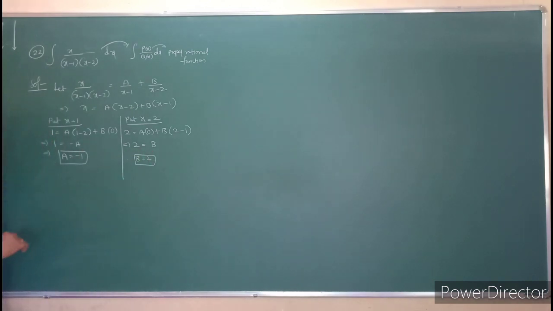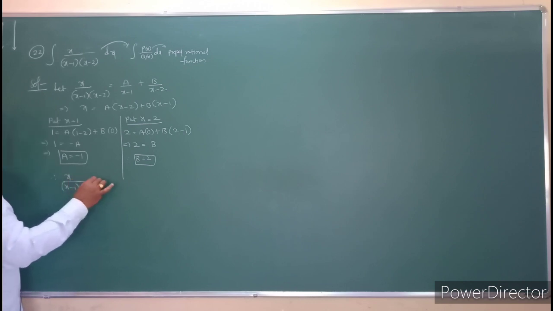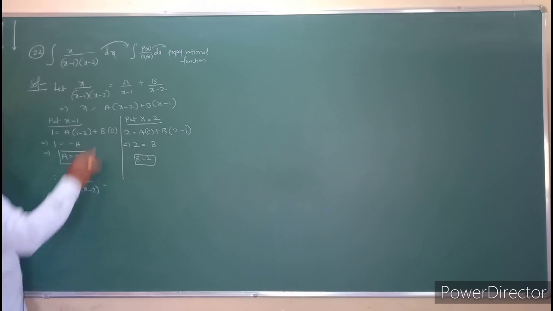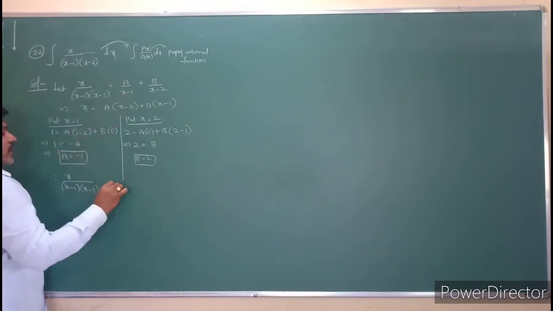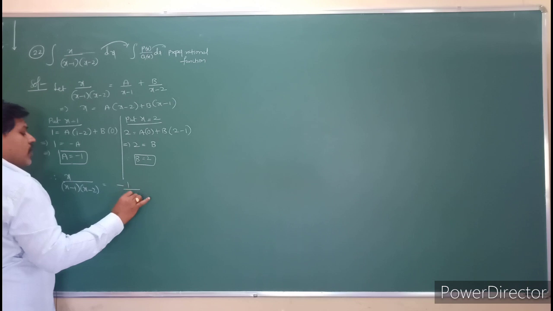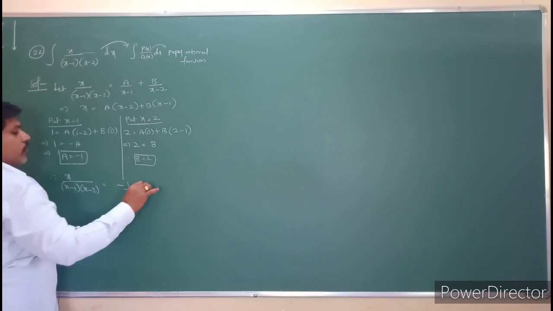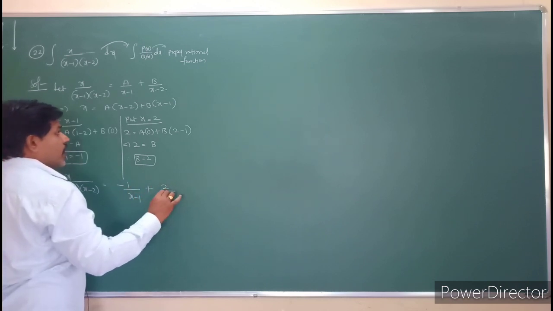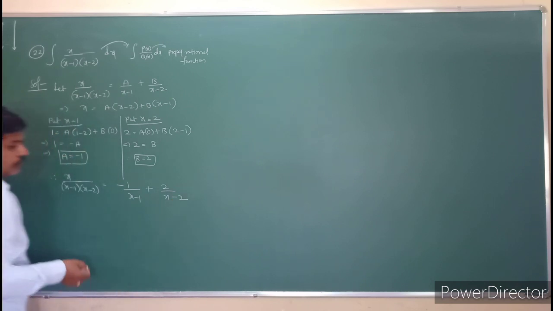So after getting the a and b values, what can we write, students? X by x minus 1 into x minus 2 can be written as a by x minus 1. A value is minus 1. So you can write minus 1 by x minus 1 plus b, b is nothing but the 2 by x minus 2.